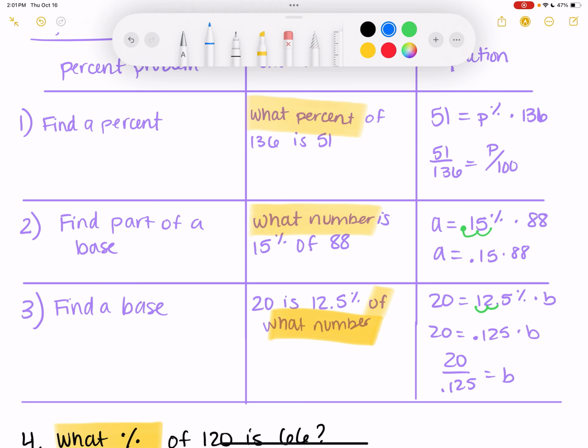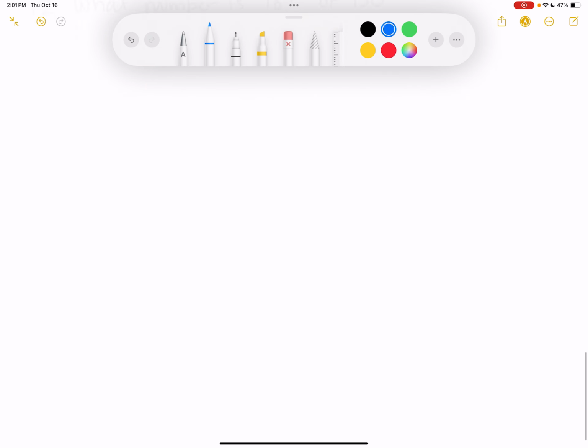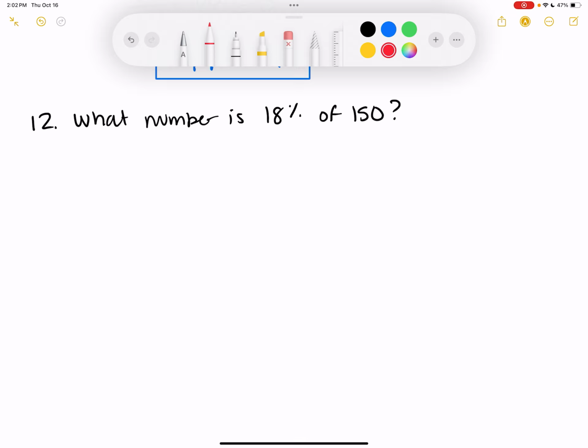So that means A is equal to our decimal value times the number. So A is equal to 18% as a decimal is 0.18 times 150. And you get A is 27.